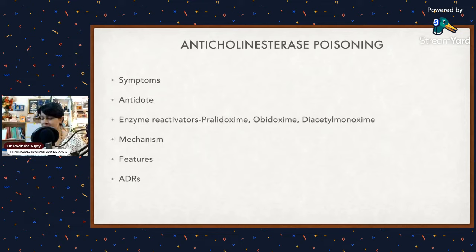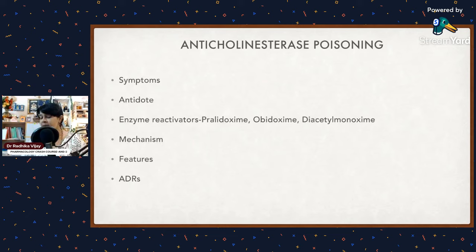Specific features of oximes: diacetyl monoxime can cross the blood-brain barrier and regenerate acetylcholinesterase in the brain. On the other hand, pralidoxime and obidoxime cannot cross the blood-brain barrier. Then sometimes exposure to organophosphates like triorthocresyl phosphate, which is a kind of additive in lubricating oil, shows certain side effects like delayed neuropathy.